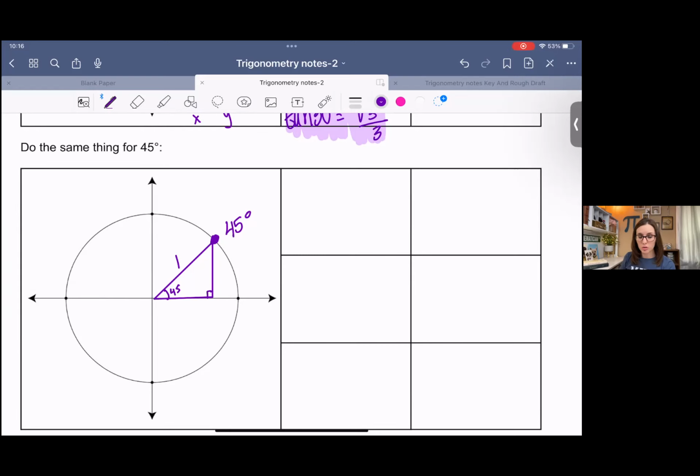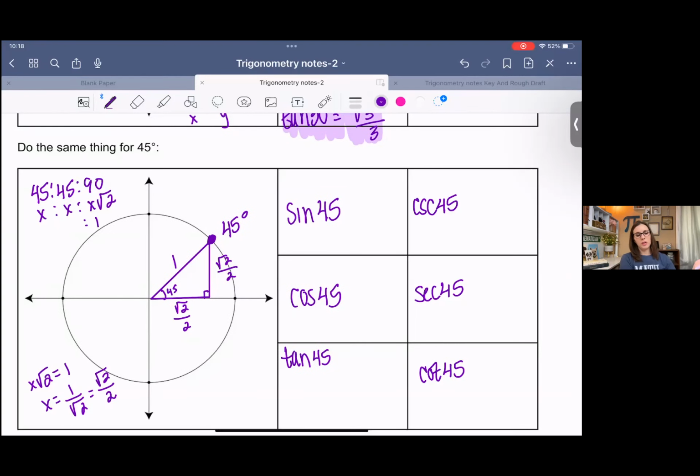So I want you to use your knowledge of a 45, 45, 90 triangle and recall the ratios for that, and then solve this. Try to do it and find each trig function. I'm going to do some simplifying here. Just make this smaller. Pause it, try it, come back.